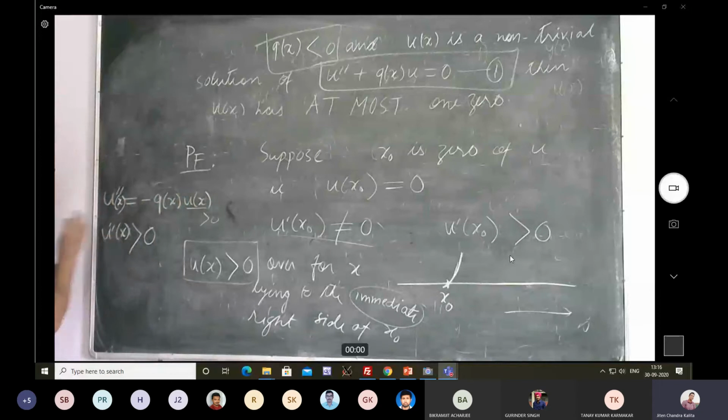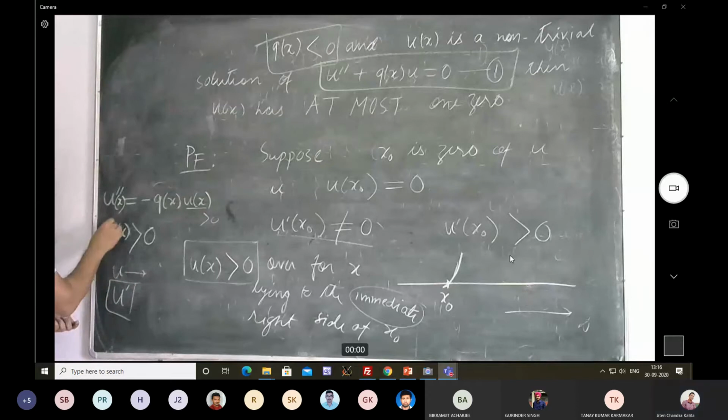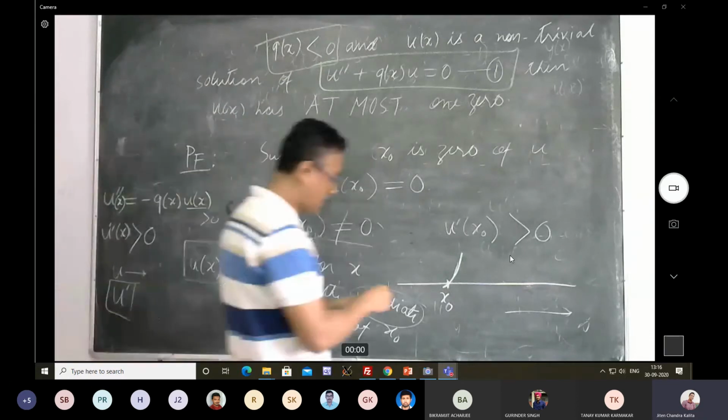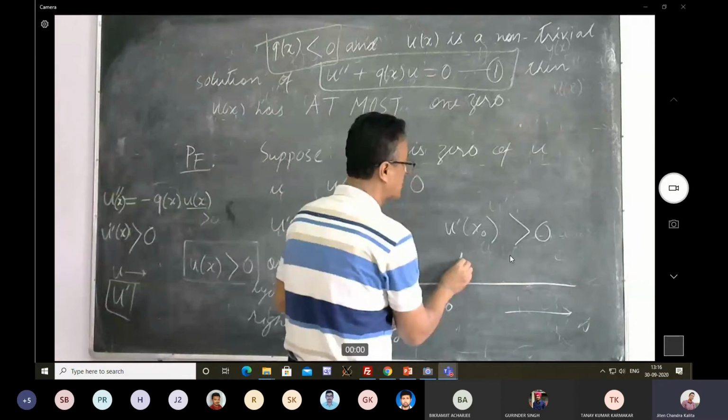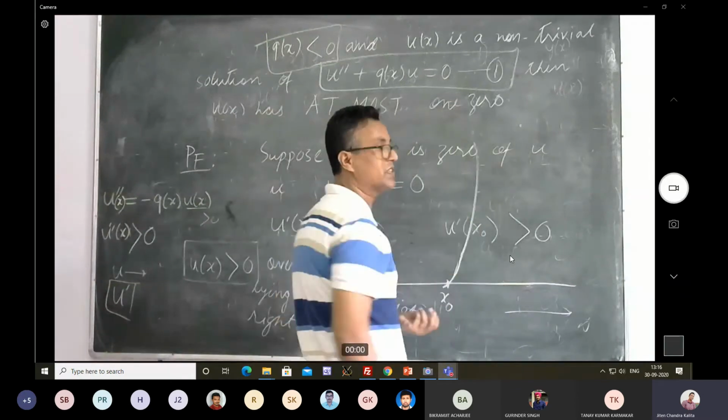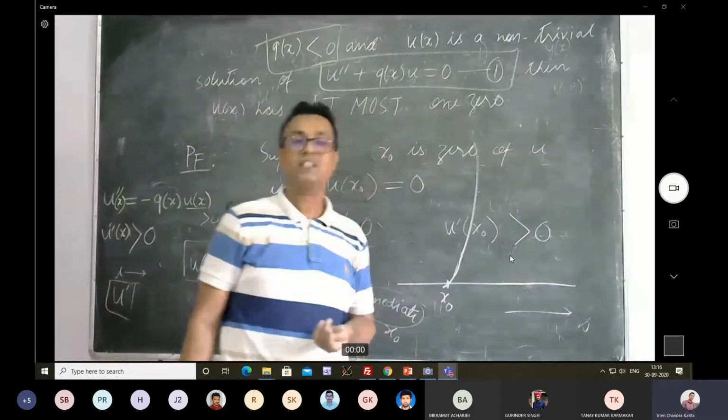So what is happening to the curve u prime? u prime is monotonically increasing. Or u double prime positive means that u is concave upwards. So this curve must go up like this.